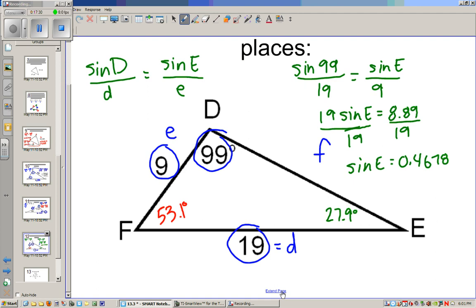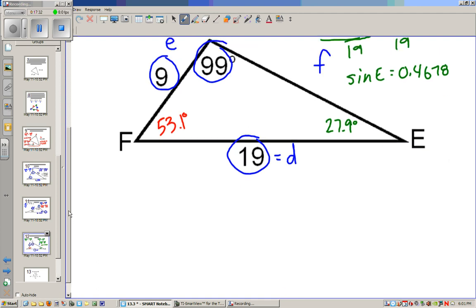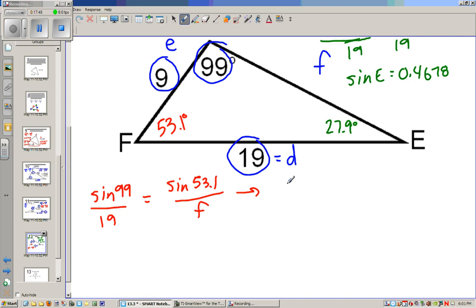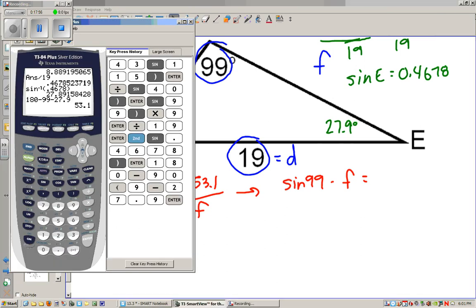And now let's set up our second law of sines. Let's use sine of D, so sine of 99 over 19 equals sine of 53.1 over side length F. Cross multiplying, we should end up with sine of 99 times F equals 19 times the sine of 53.1.